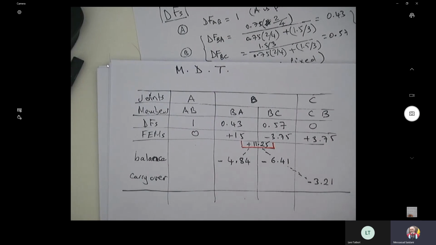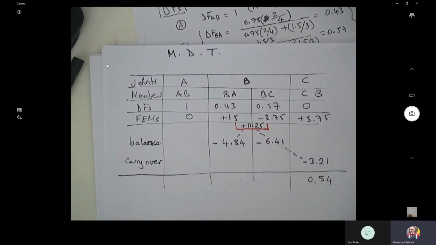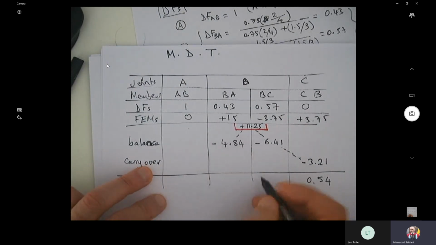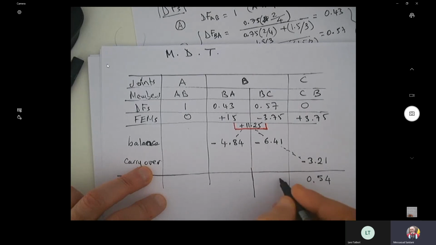Now we can draw a line. We have 3.75 minus 3.21, it's 0.54. It's a very small moment. And we have 15 minus 4.84, which is 10.16.